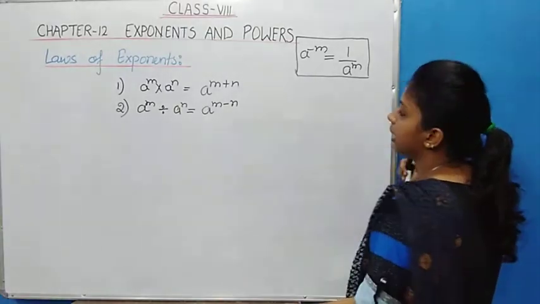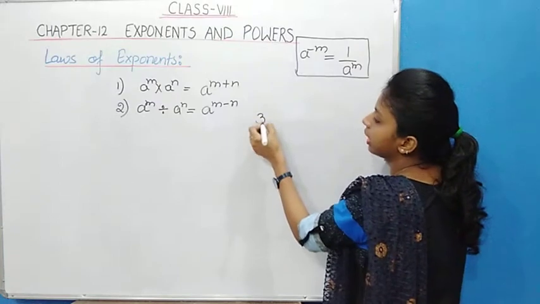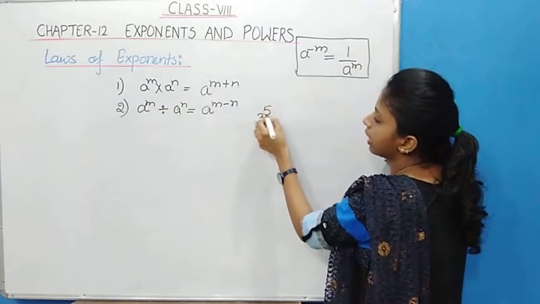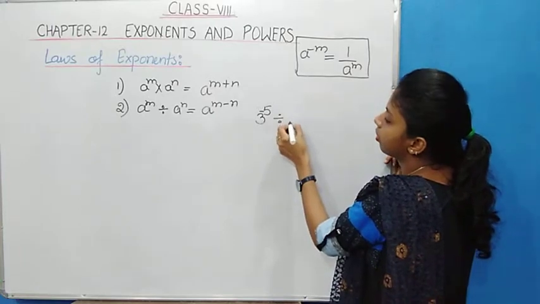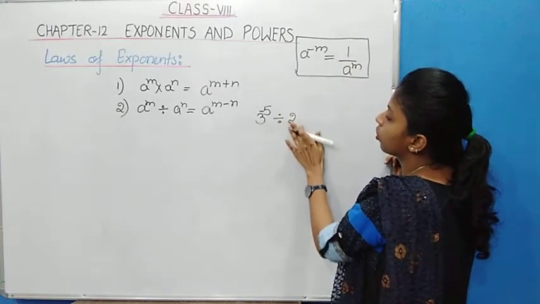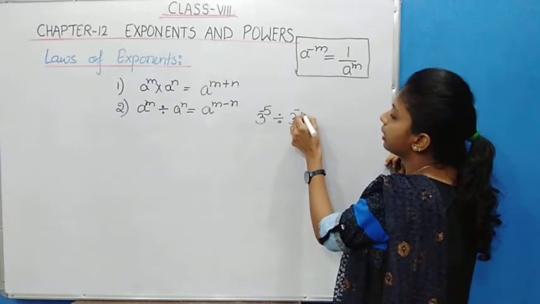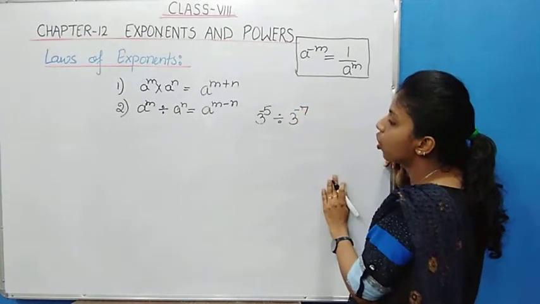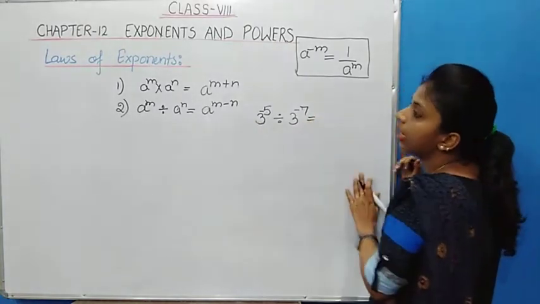Take any two numbers, like 3 raised to power minus 5 divided by, sorry, the same base, 3 raised to power minus 7. Let's do it using this exponential law.